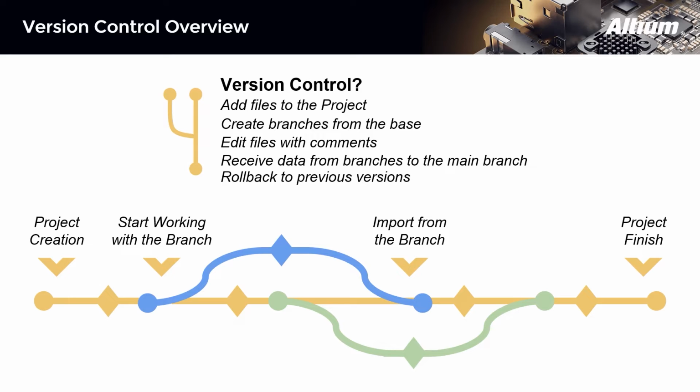You can have as many branches as necessary, and work can be carried out over different parts of the project. After several iterations, the project finishes with a complete history of changes and the ability to roll back to any earlier revision. Now let's look at how this works in Altium Designer connected to Altium 365.